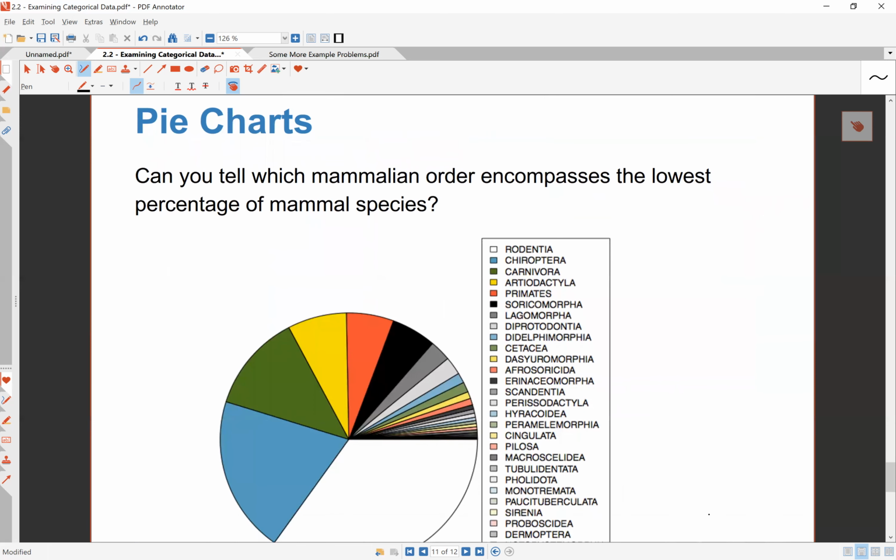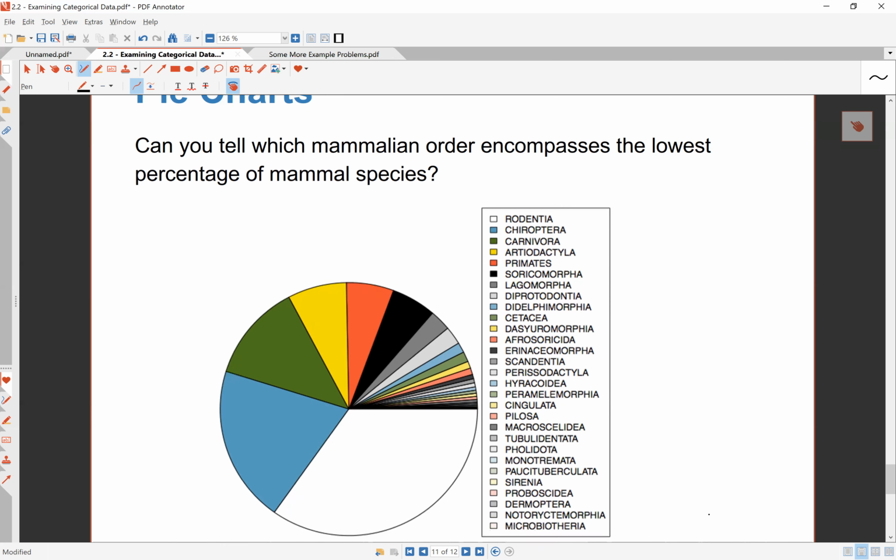The other thing I will say is all of us have encountered a pie chart before. Pie charts and bar plots convey essentially the same information, except that if you have a lot of categories, then it becomes really difficult to read, right?